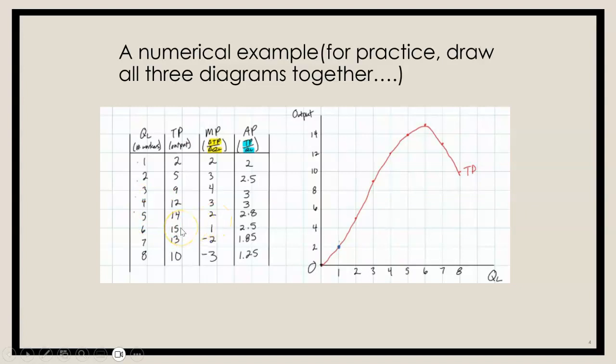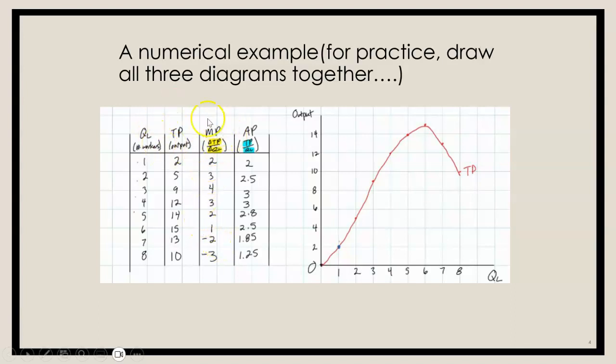Likewise, if I went from 6 workers producing a total of 15 to 7 workers producing a total of 13, I would say, okay, 13 minus 15 is negative 2 divided by 1 equals negative 2. So notice we're now into that region where we have so many workers that they're getting in each other's way and making each other less productive.